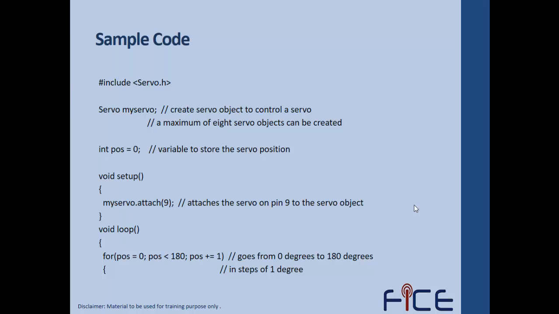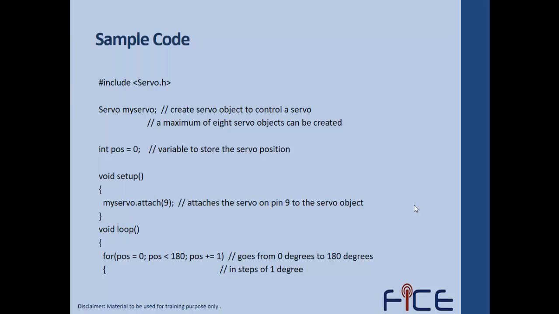Next we have taken a variable pos, and we are initializing this variable as 0, and in void setup we have used an API, that is myServo.attach, to pin number 9 of the Intel Galileo Gen 2 board. That is, we are interfacing a servo motor to pin number 9 of the Intel Galileo board.